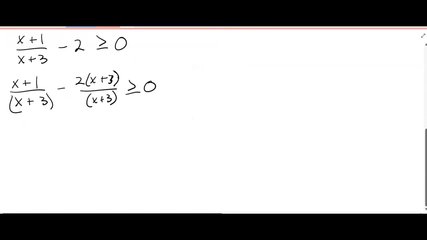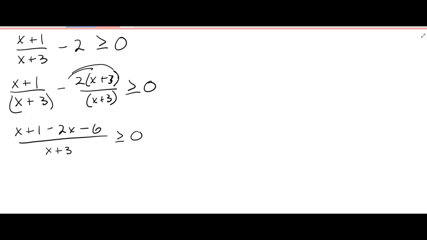Okay, so what do I do there? Well, I'm going to have x plus 1 minus 2x minus 6. I'll have to distribute that minus 2, okay? So we've done stuff like that before. And so in the numerator, I'm getting negative x minus 5 over x plus 3 greater than or equal to 0.